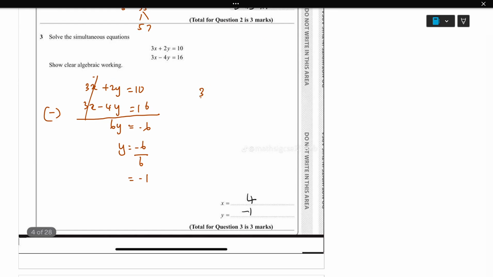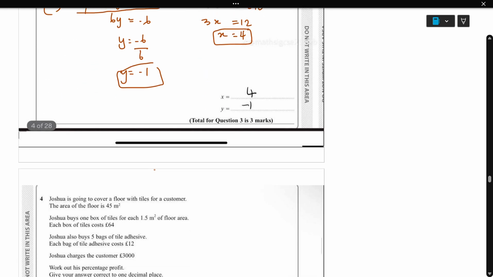The first equation: 3x plus 2 times negative 1 equal to 10. So 3x minus 2 equal to 10. Minus 2 goes to the right side and becomes positive 2, so 12. So x equal to 4. This is the final answer: x equal to 4 and y equal to negative 1.